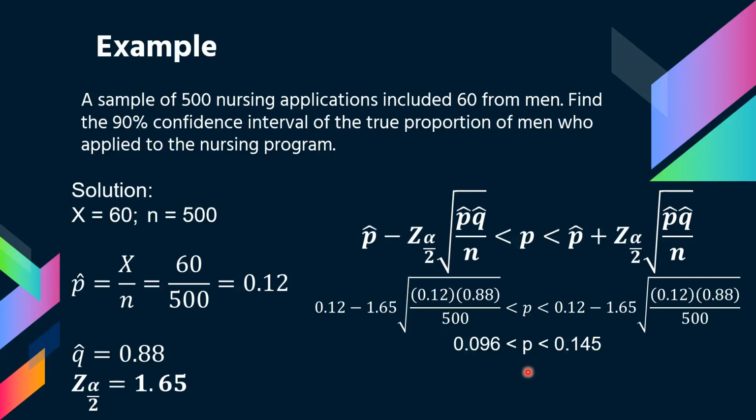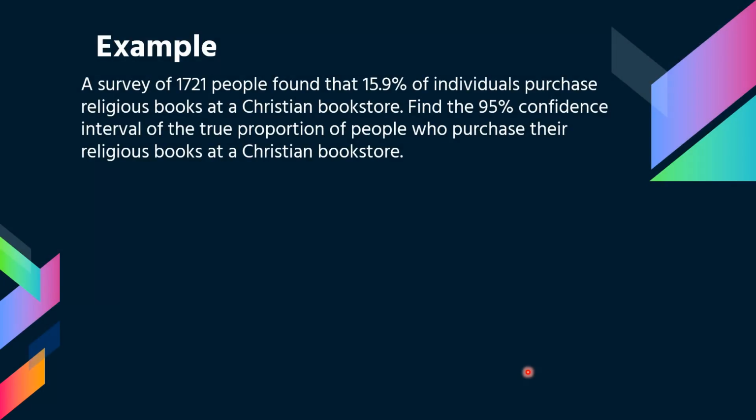Okay. Another example, a survey of 1,721 people found that 15.9% of individuals purchase religious books at the Christian bookstore. Find the 95% confidence interval of the true proportion of people who purchase their religious books at a Christian bookstore.